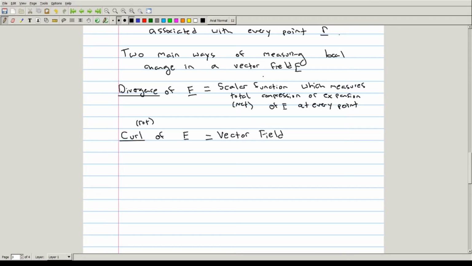Remember, a scalar function is the same thing as a scalar field. So the curl of a vector field F is a new vector field which measures the total local rotation, or the net rotation, of the vector field F at every point.